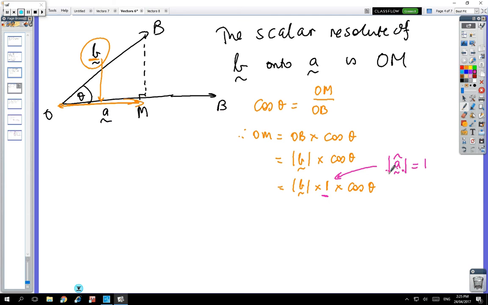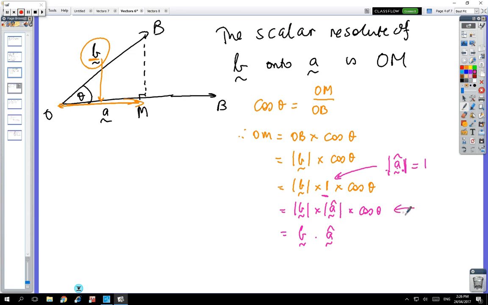Like this is the magnitude of a unit vector. So now I've got the magnitude of B times the magnitude of a hat times cos theta, and from the definition of dot products, that means I've got B dot a hat.